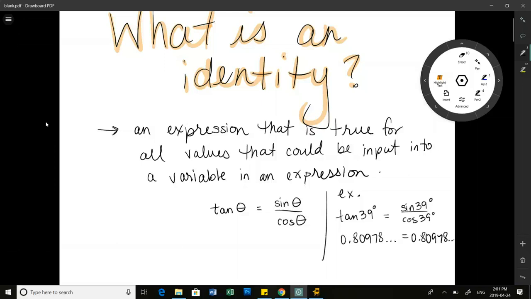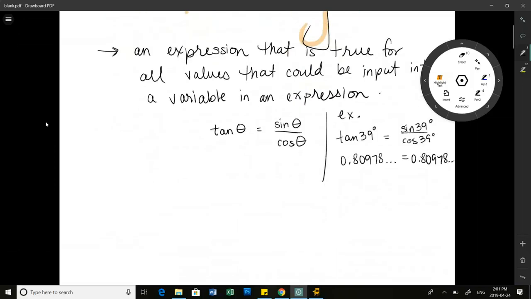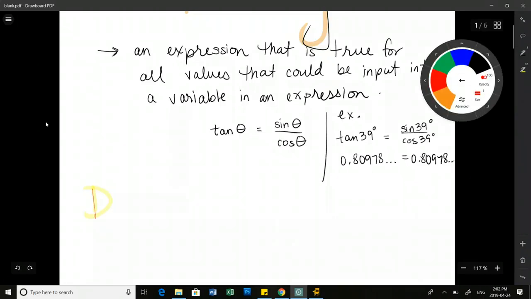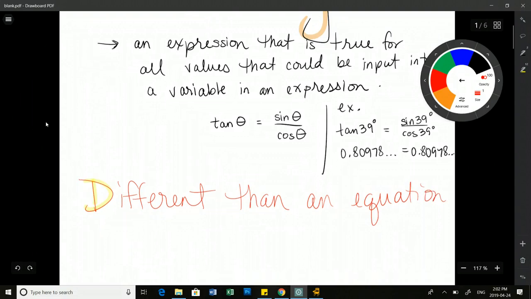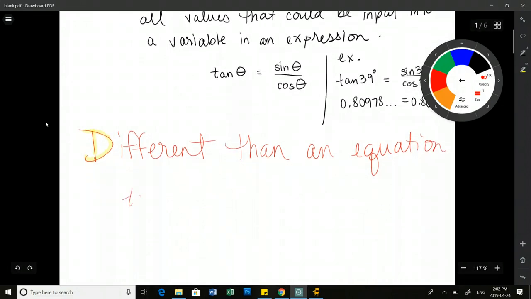Okay, make sense? So this is different than an equation. An equation will tell us that for some value of theta, let's use the example of tan again, tan equals, let's say, 0.75.